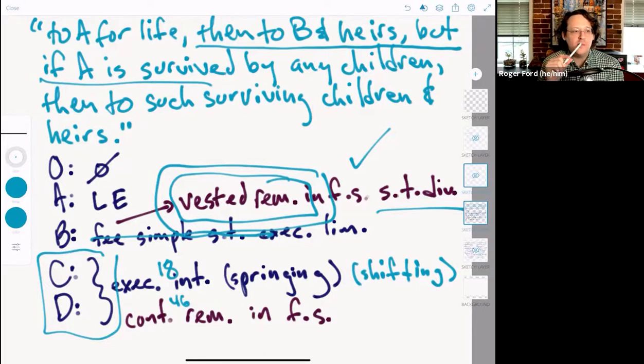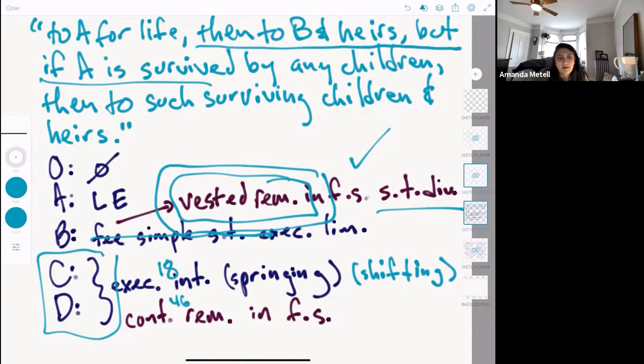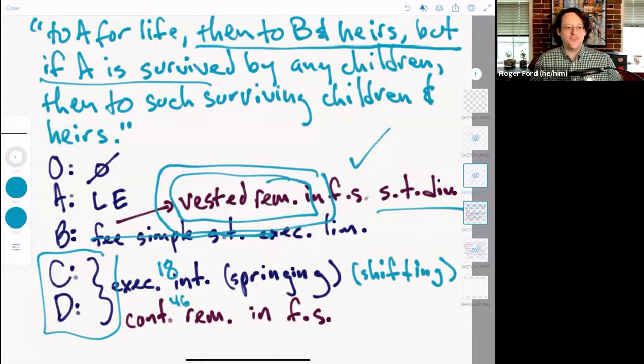Ms. Patel? I thought that if it's an executory interest, then there needs to be a fee simple subject to executory limitation, which we don't have. I don't know if that's true though. Yeah, that's not true. You can have a future interest that is an executory interest that doesn't come after that.